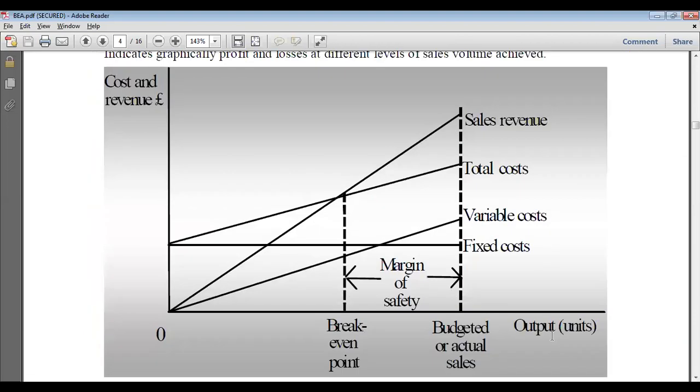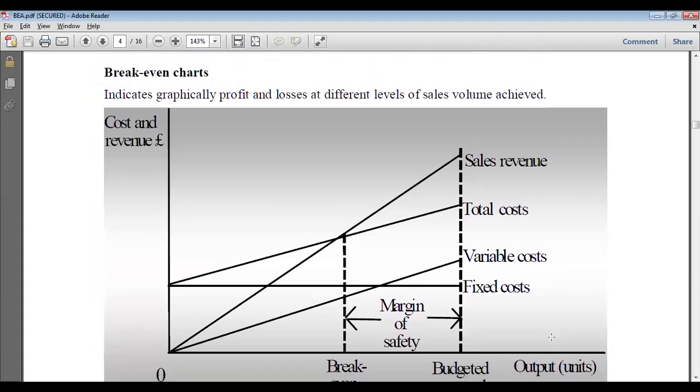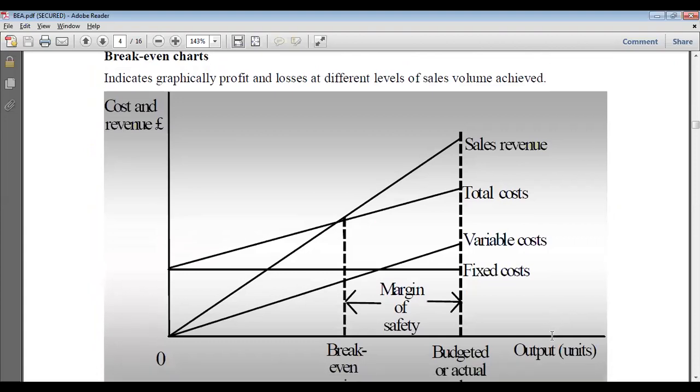This is the figure that you can see on the screen. This is a break-even chart. A break-even chart basically tells about the relationship between number of units and revenue generated, maybe in dollars, in pounds, or in rupees. Talking about the break-even point, we must know this graph in depth.